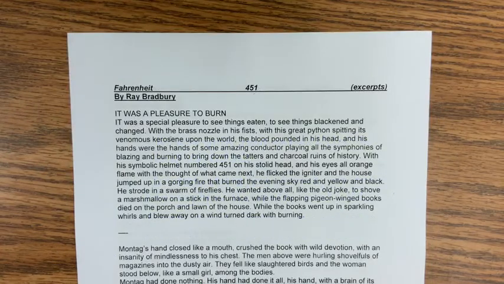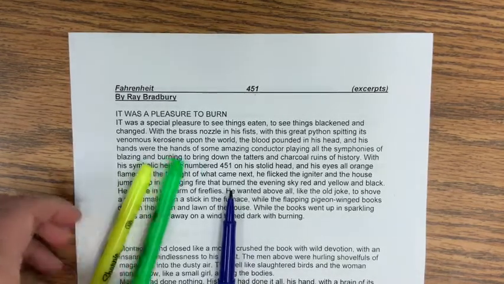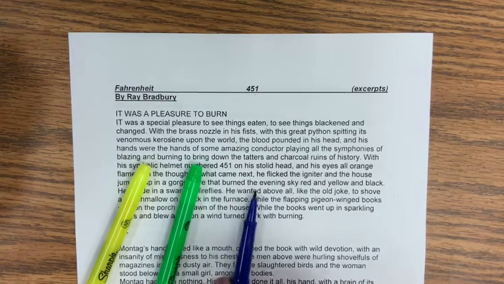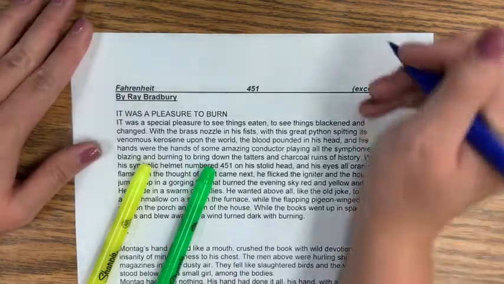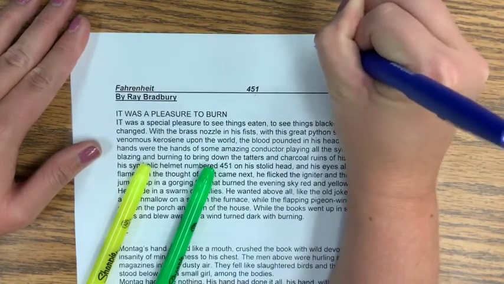Now when we are annotating, we need to make a key at the top of our paper. So you need a pen or pencil and 2 highlighters or 2 colored pencils. You do not have to have the same colors that I have, but you do need to have a key at the top so that when I look at your annotations, I can tell which color goes with which item. So at the top for our key, I'm going to put a star and write inferences.